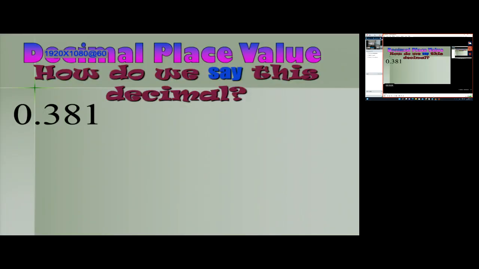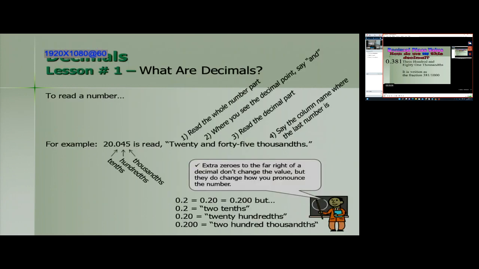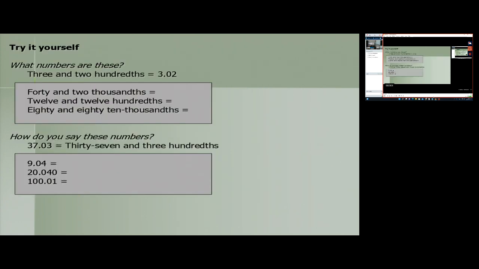So what I want you to do is to please answer this. The one in the box, okay? This and this. Okay, so for this one, 40 and 2,000, you are just going to make it like this. And for the other one, 37 and 300s, you are just going to write it in words.